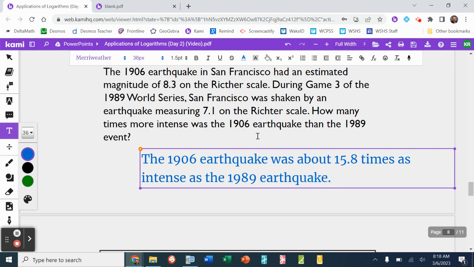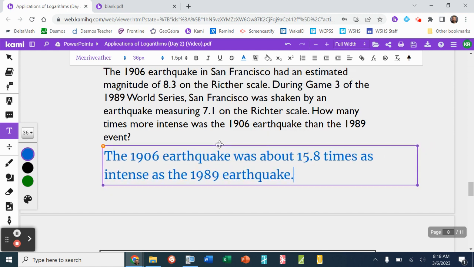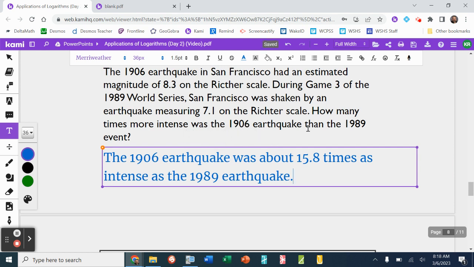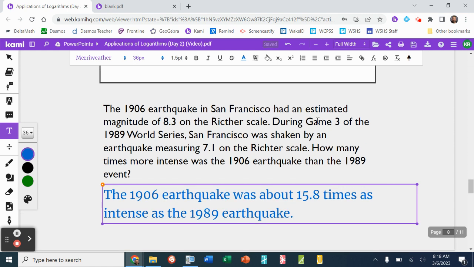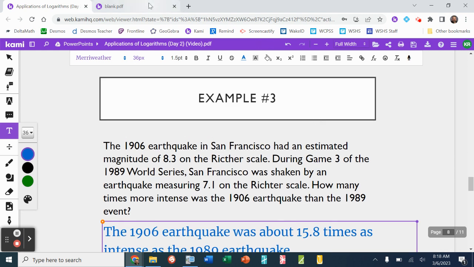And that's it. You can find the difference in intensity, or how many more times intense one earthquake is than another, using this formula for the Richter scale and the work that I just presented to you.